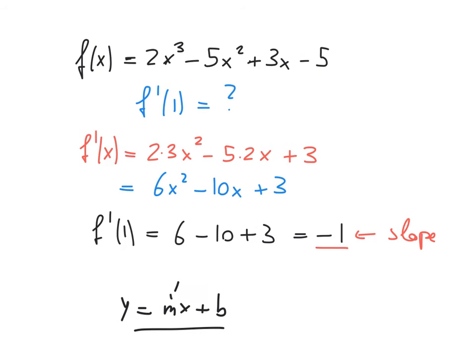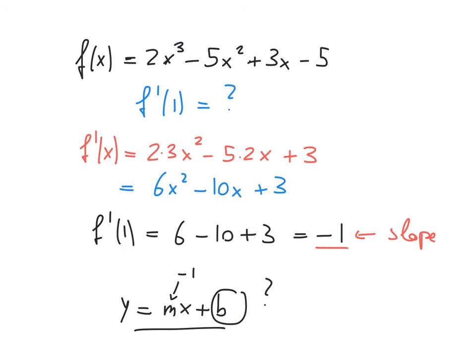We know m is minus 1, but we need to know b. Well, there are various ways you can describe the equation of a line and then transform one of those ways into each other. What we have is the slope, but we also have a point on the line.